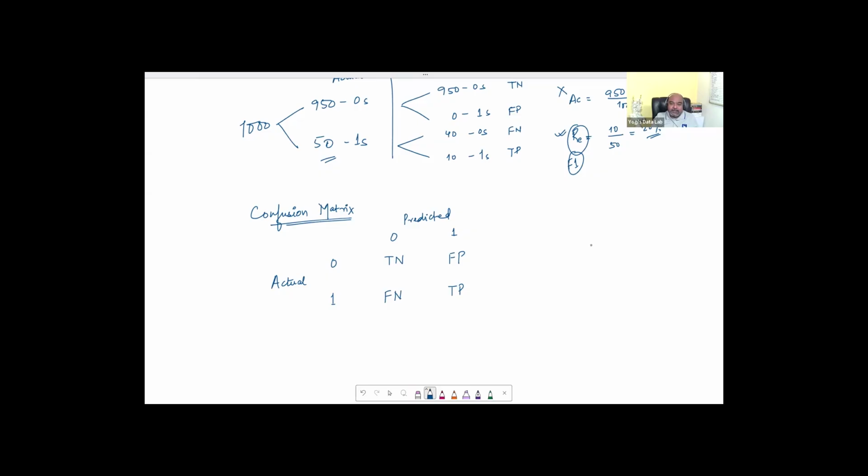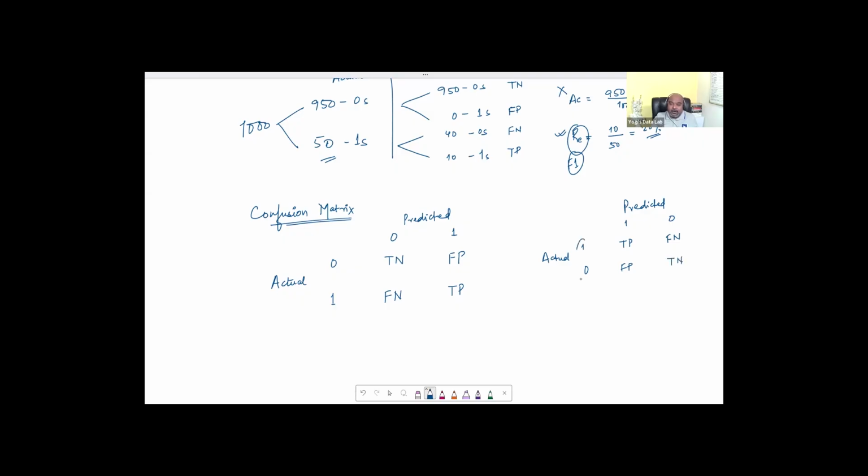Sometimes people change this, so it depends on how they are making it. Actual 1, 0, predicted 1, 0. So 1 being predicted as 1 will be the number of true positives. 1 being predicted as 0 will be the number of false negatives. 0 being predicted as 1 will be false positives. And 0 being predicted as 0 will be true negatives.